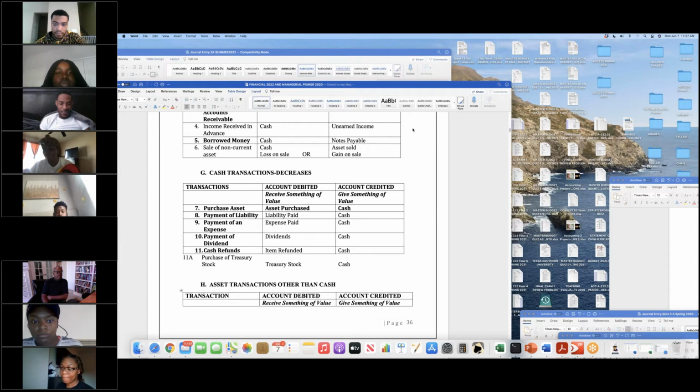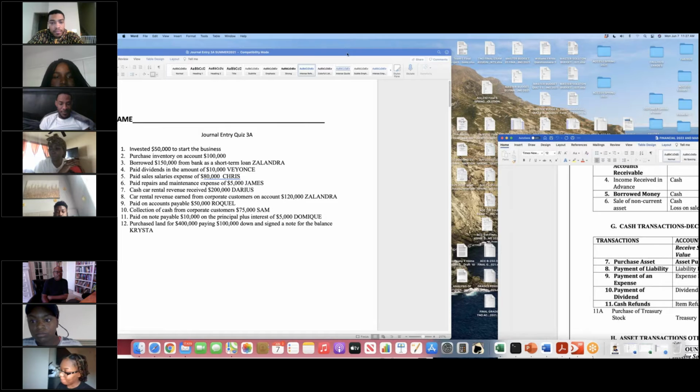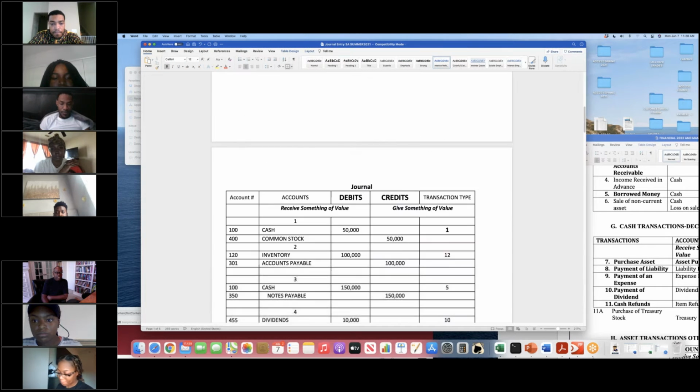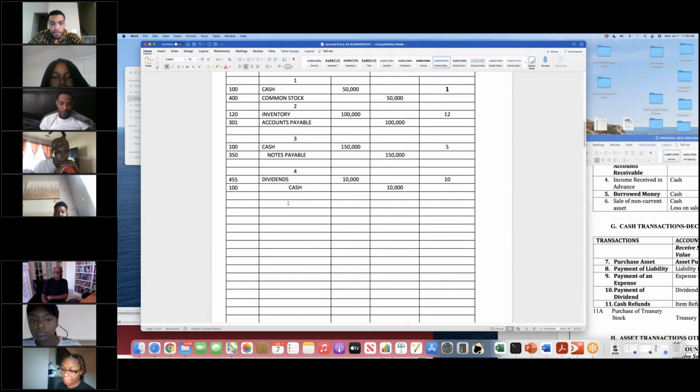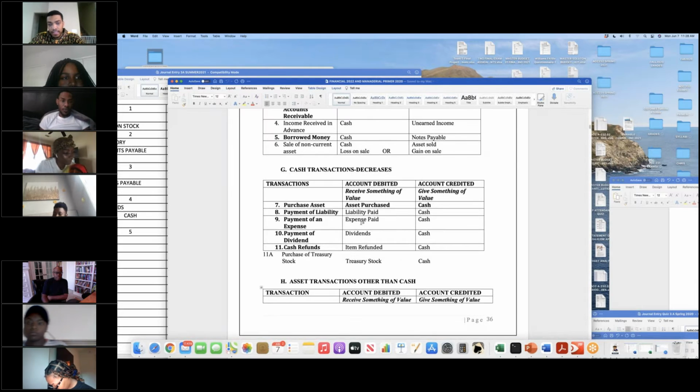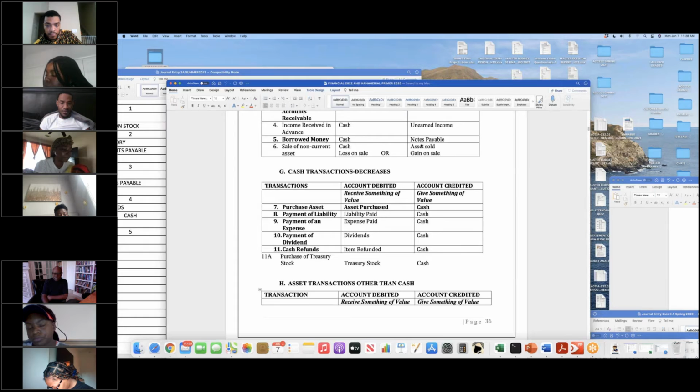It's a 9. So the first thing we're going to do, once we put our journal entry number in for 5, is go over here and say the type is 9. Now in a 9, it says what? Expense paid is debit, and we credit cash. But what we have to do is go to the actual expense that we paid.